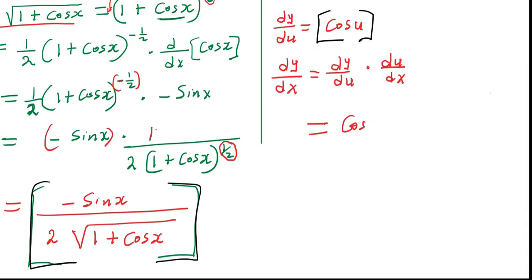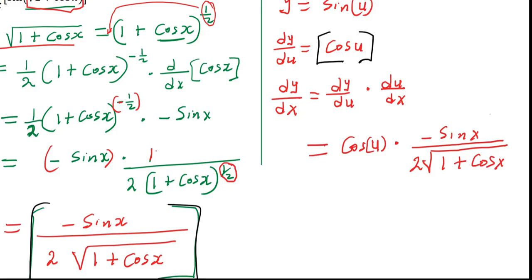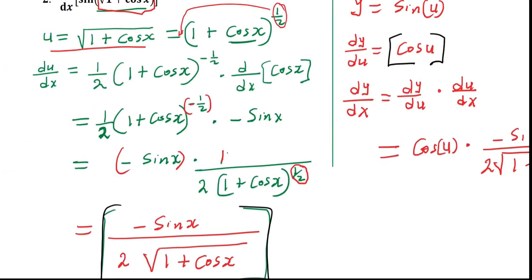So we have cos u times negative sine x over 2 square root of 1 plus cos x.